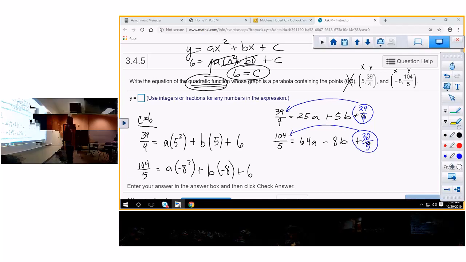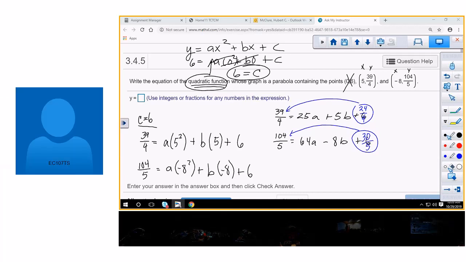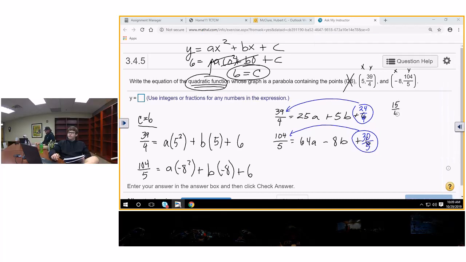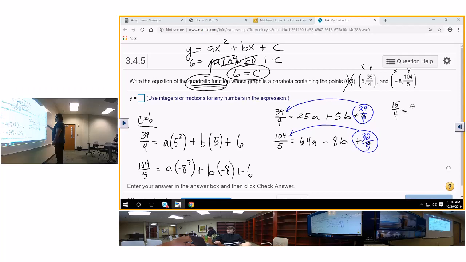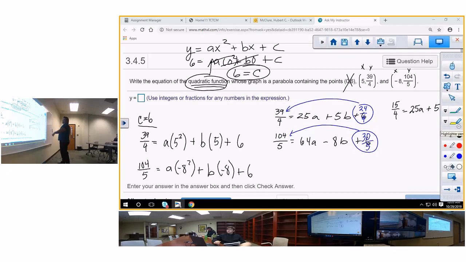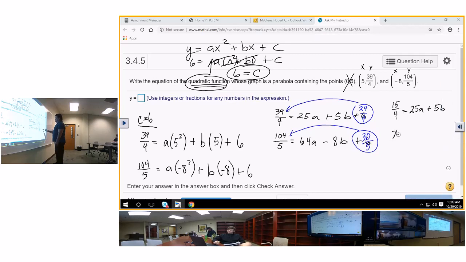And somebody tell me what 39 minus 24 is. 15. 15/4 is equal to 25A plus 5B. And somebody tell me what 104 minus 30 is. 74? 74/5 equals 64A minus 8B.